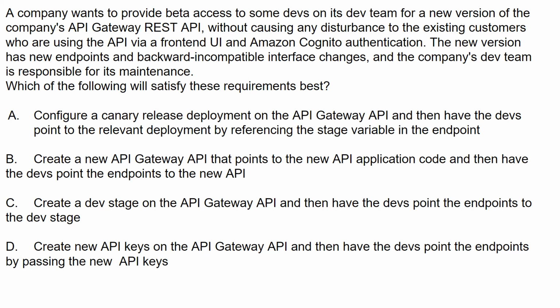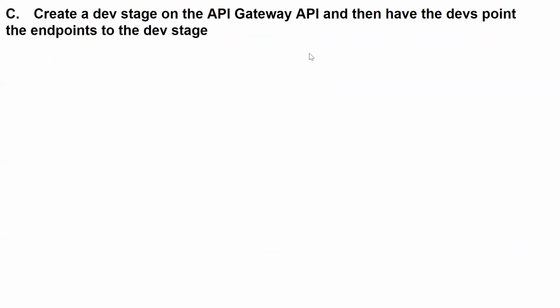C, create a dev stage on the API Gateway API, and then have the devs point the endpoints to the dev stage. Create new API keys on the API Gateway API, and then have the devs point the endpoints by passing the new APIs. All right, create a dev stage on the API Gateway API, and then have the devs point the endpoints to the dev stage.